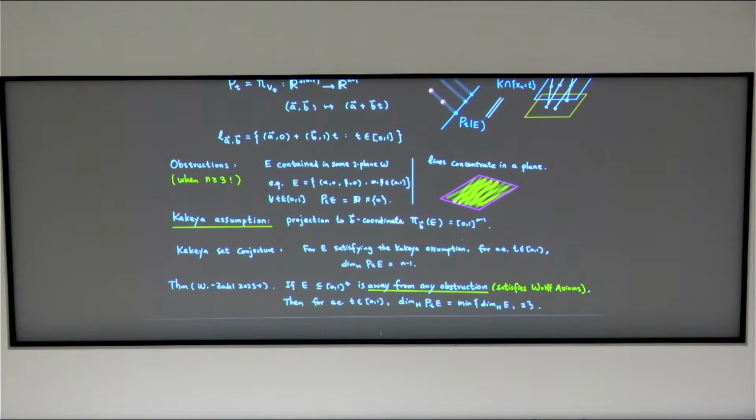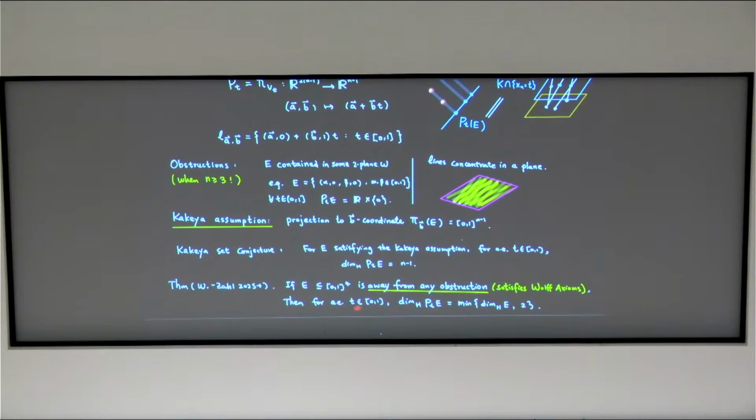And what Josh and I proved can also be translated into the following form. Suppose E is a subset of the unit cube in R4, and it is away from any obstruction. This needs to be quantified, and the way to quantify it is to translate what it means for sets satisfying the Wolff axiom to be away from any obstructions.